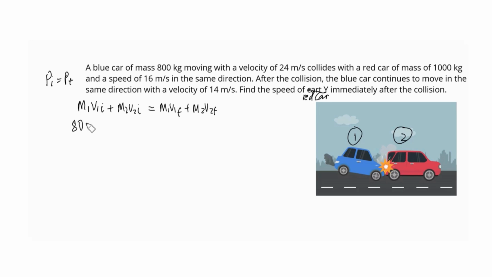And so, plugging in our values, we have 800 times 24 plus 1,000 times 16 has to equal, the blue car continues to move in the same direction with 14 meters per second, so it's 800 times 14 plus M2, which is the one we're looking for, the red car, and that would have a mass of 1,000 kg times V2F.